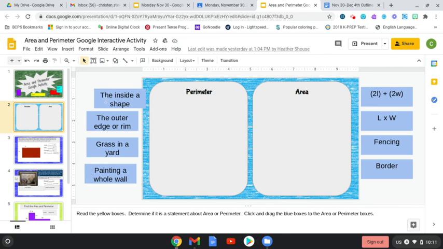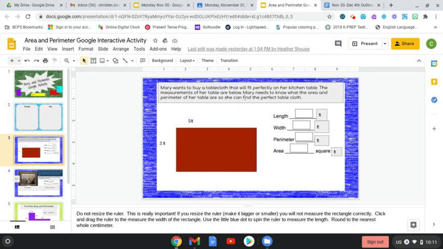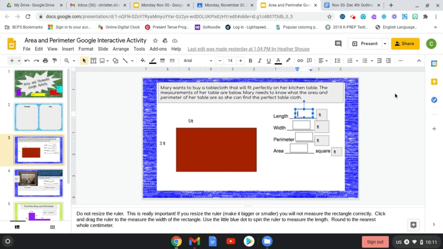So here is a sort. You're going to take each shape and each statement, and you're going to drag it in to see if it's an area statement or a perimeter statement. And then an example. Here is a problem that you're going to work on. You're going to type inside of each chart, of each box.